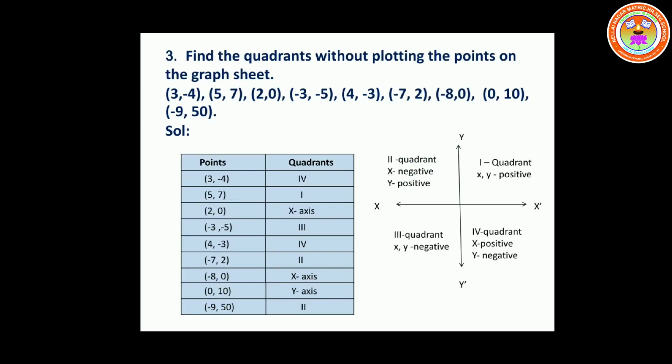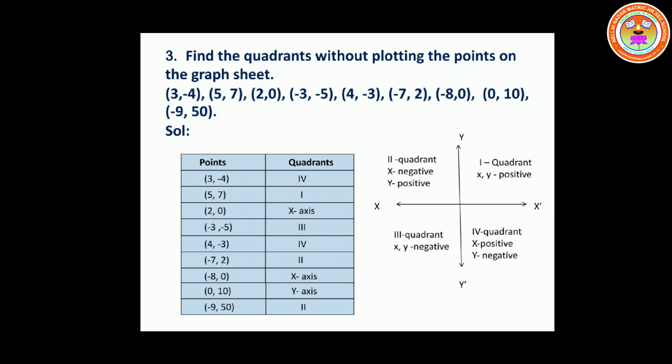Now third sum, find the quadrants without plotting the points on the graph sheet. So they have just asked you to find out where the points lie in the quadrants without doing it in a graph sheet. So what I have done is I've just approximately drawn an x-axis and a y-axis. I've just denoted 4 quadrants.